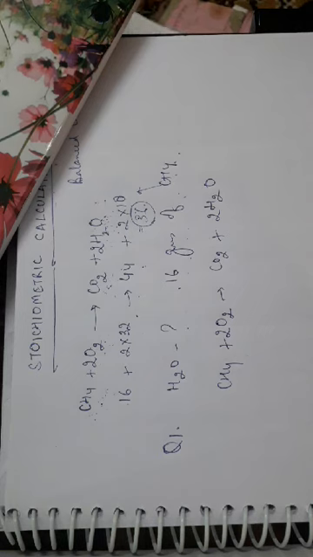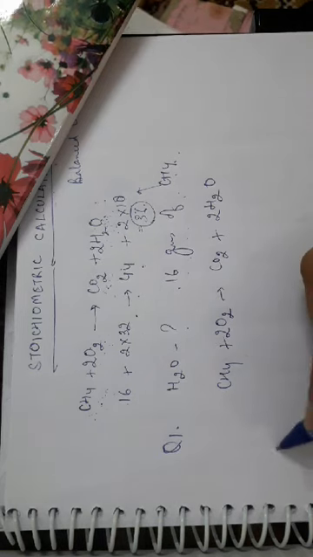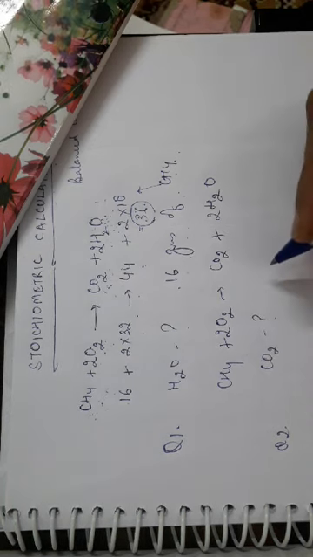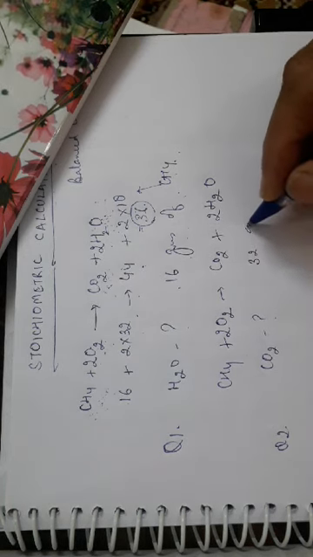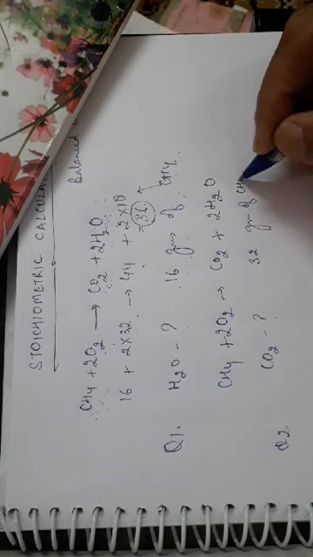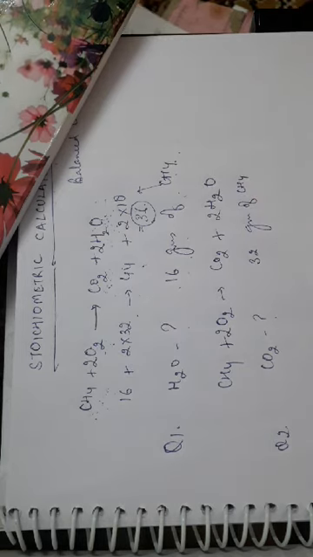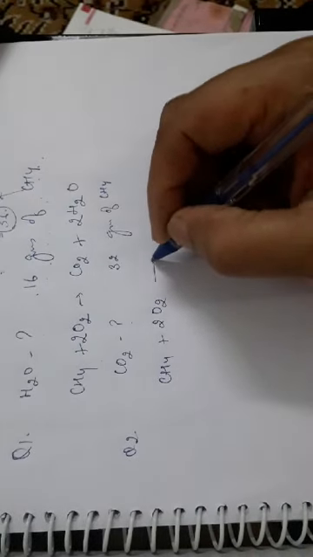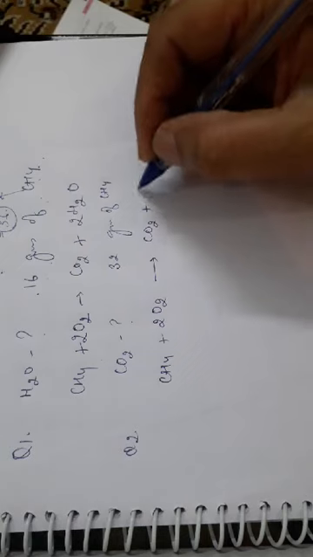Now I am changing the question again. The question next is, how much CO2 is produced by the combustion of 32 grams of methane? Same equation, CH4 plus 2O2 giving us CO2 plus 2H2O.